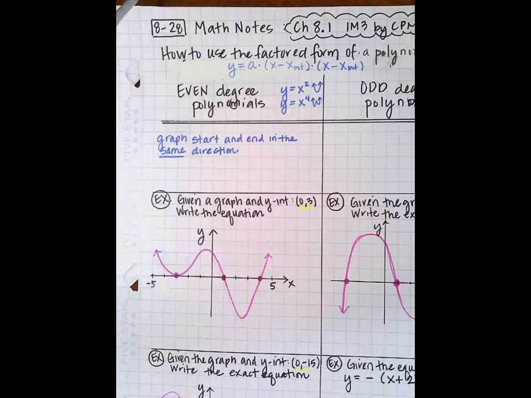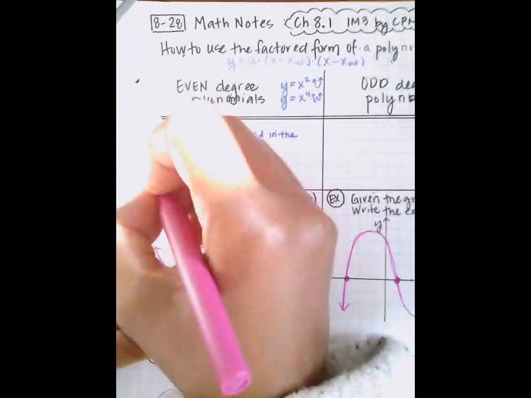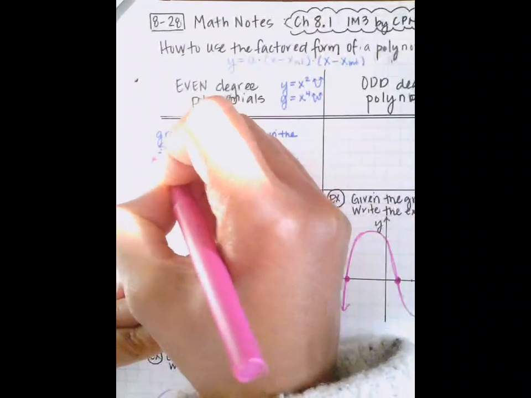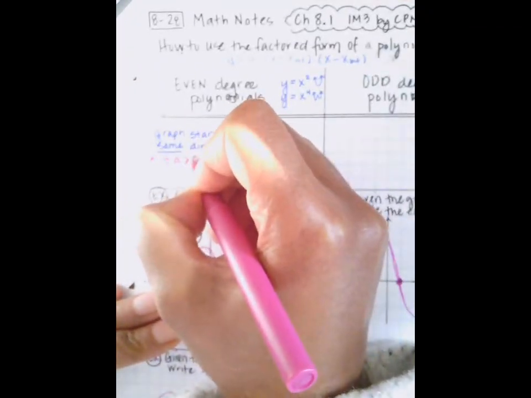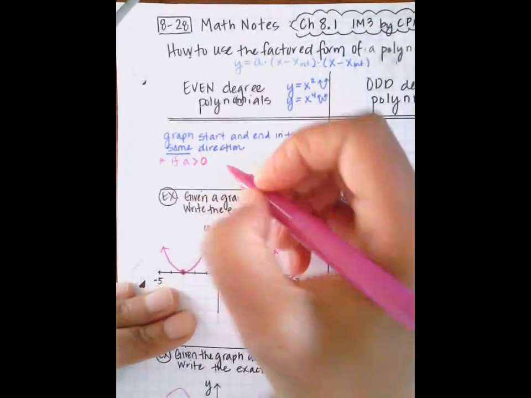Now, if you have a stretch factor that is positive, that actually makes it open up. So again, if the stretch factor, the a value, is positive, that means it's greater than 0, then it will open up.